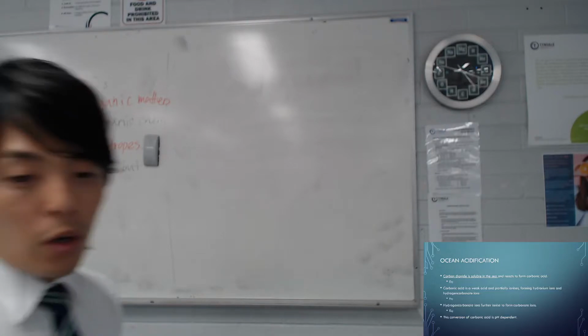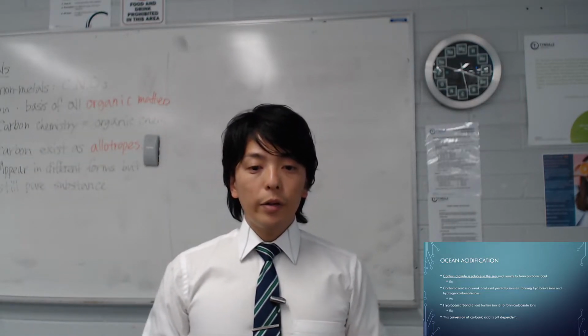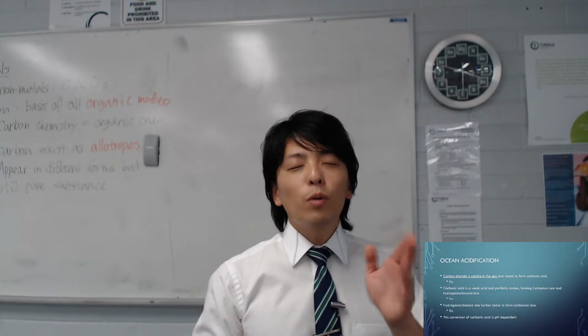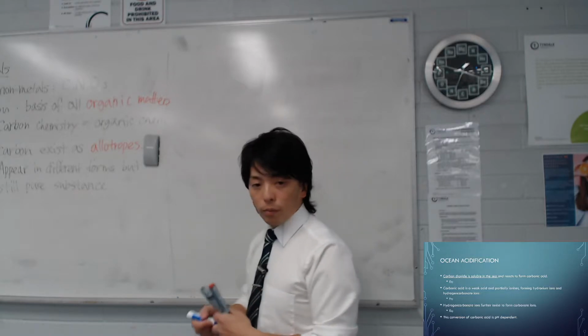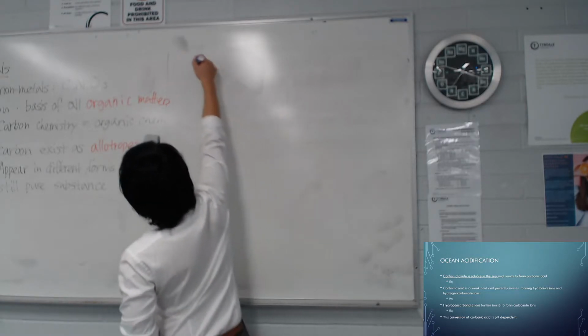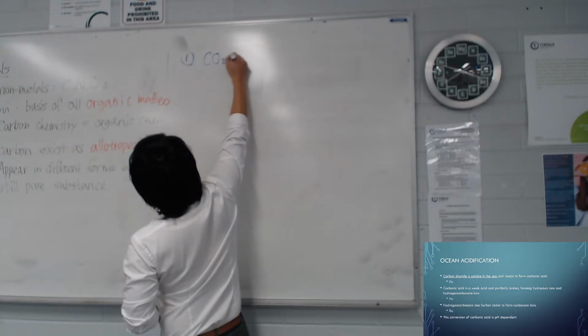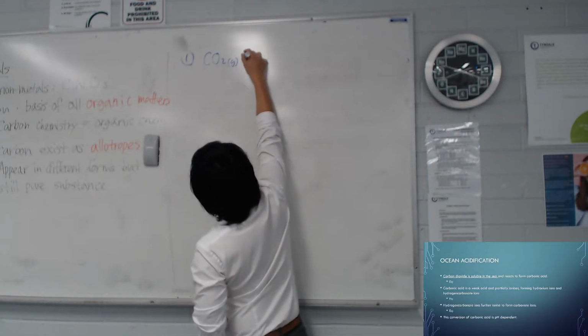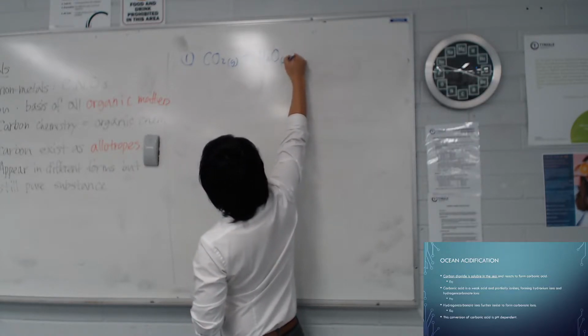All right. So carbon dioxide is soluble in seawater and reacts to form carbonic acid. Let's just write that equation. So carbon dioxide, CO2 gas, plus H2O liquid.